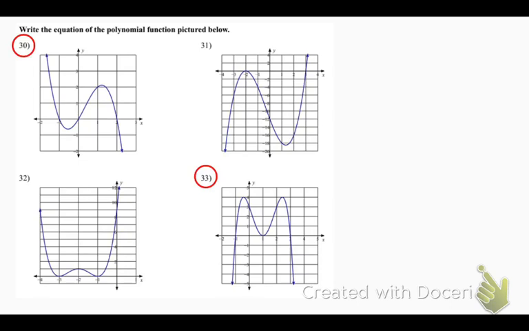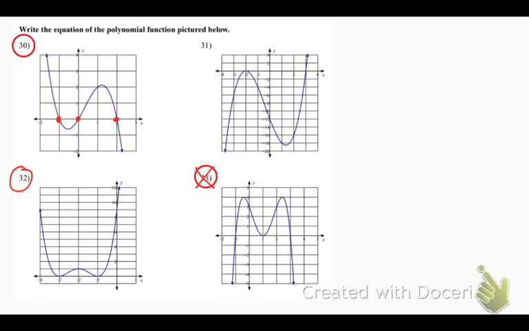So 30, I chose, actually I don't want to do 33. I'm going to do 32 instead. So I have 30 and 32. So it says, write the equation of the polynomial function pictured below. So what I really need to do is identify my x-intercepts.